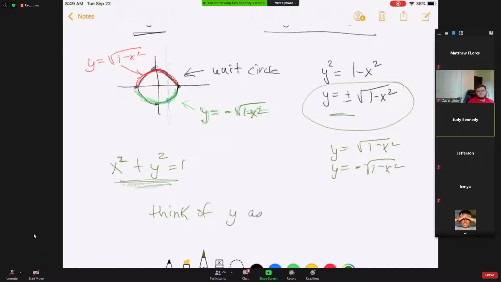y as being a function of x, and actually for this particular problem I found out what those functions were. You could also think of x as a function of y just as well.